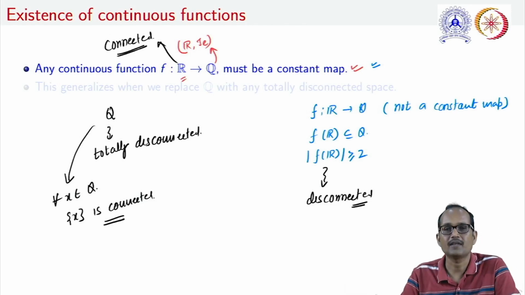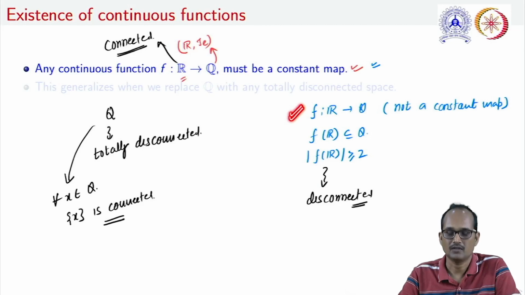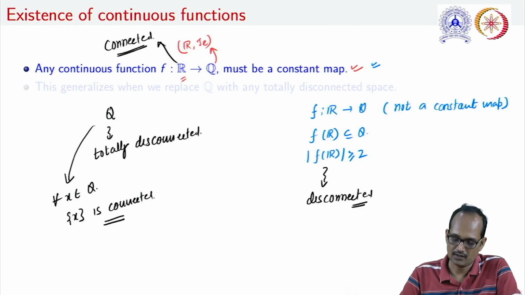So what is happening here? We have assumed a non-constant function here. If this is continuous, then the image of R should also be connected, but note that if the function is not constant, the image of R under f is always disconnected.